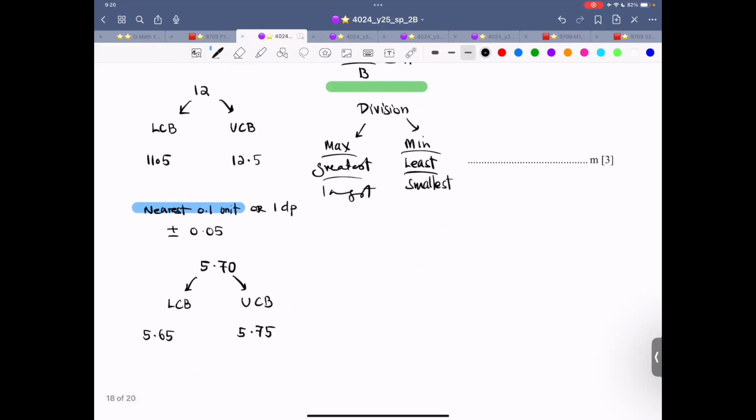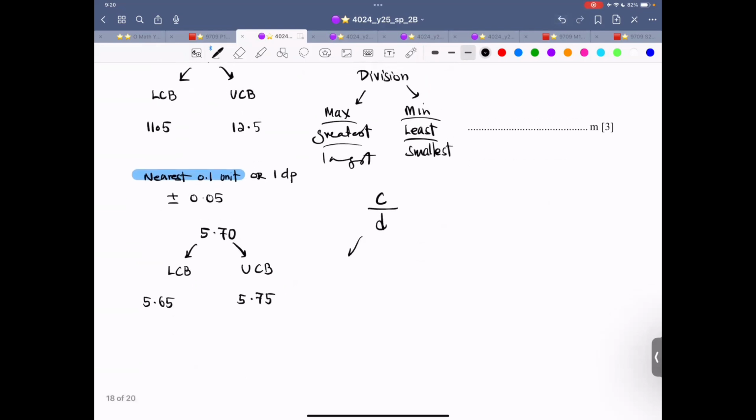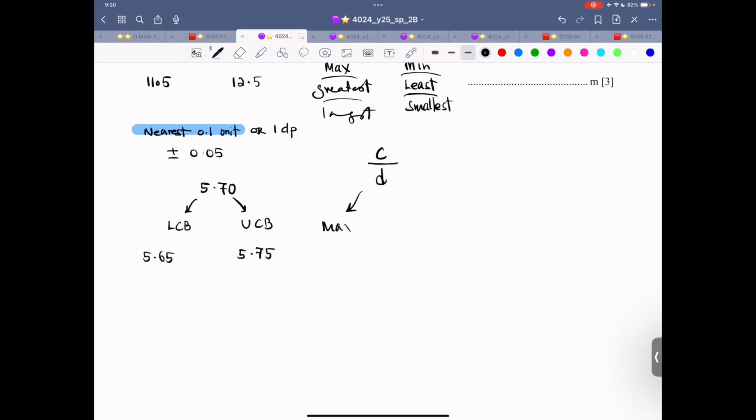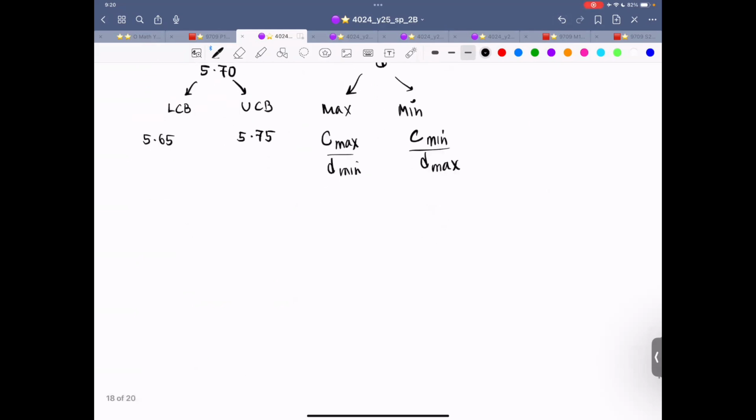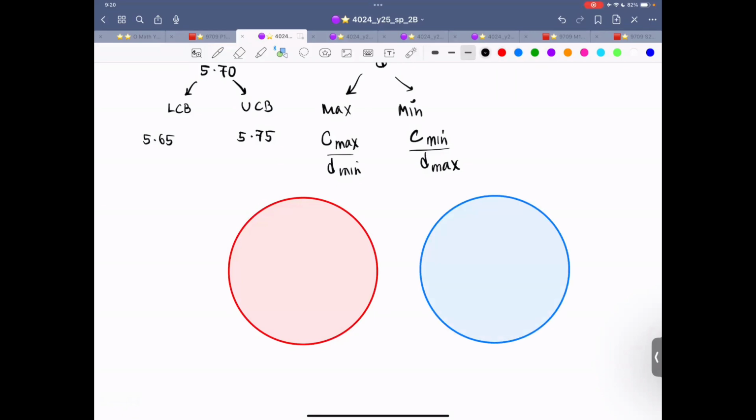When we are talking about division, let's say I'm talking about something C over D. The maximum will happen when C is max and D is min. And the minimum overall fraction will happen if C is min and D is max. Even though they have not asked over here, let me show you the working for some future question.